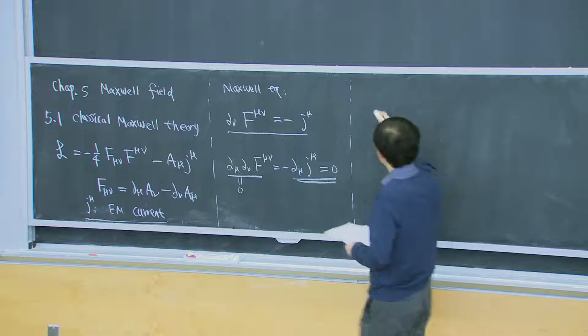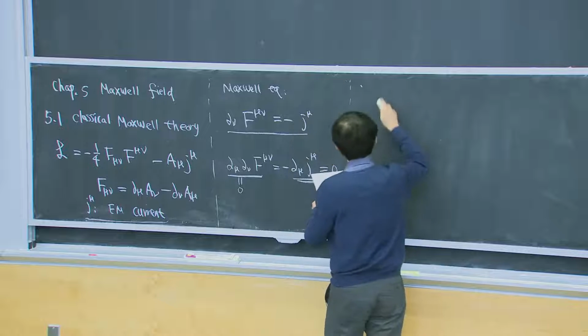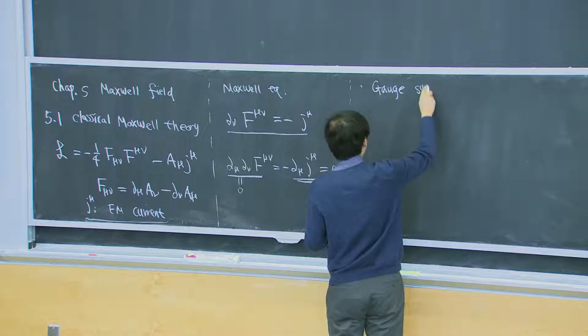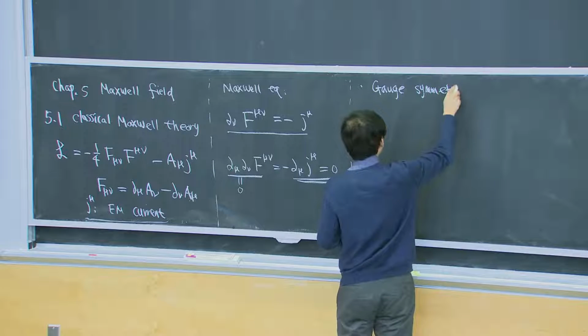And so another important feature of the Maxwell equation is the so-called gauge symmetry.